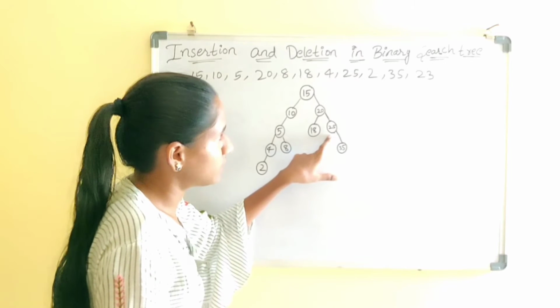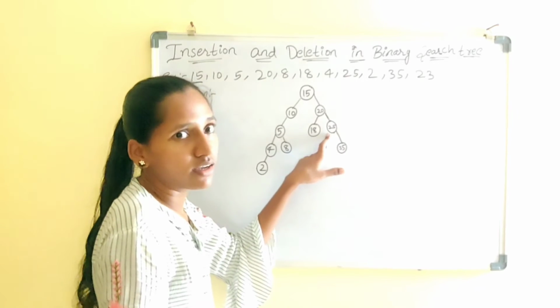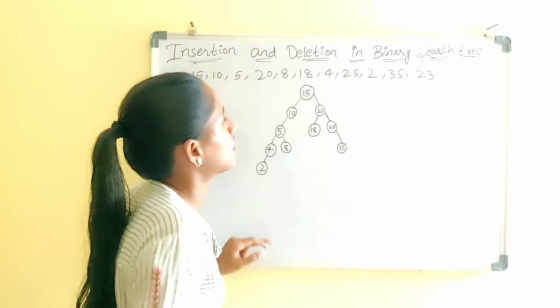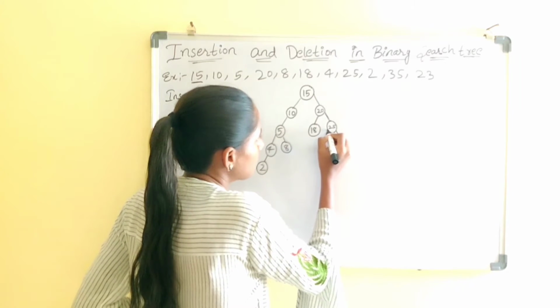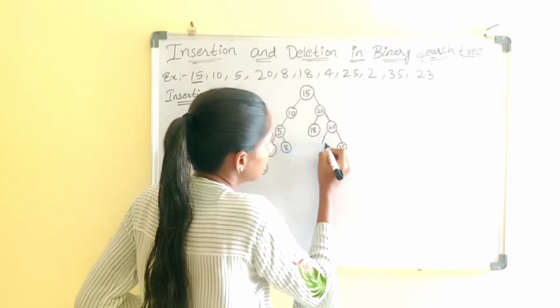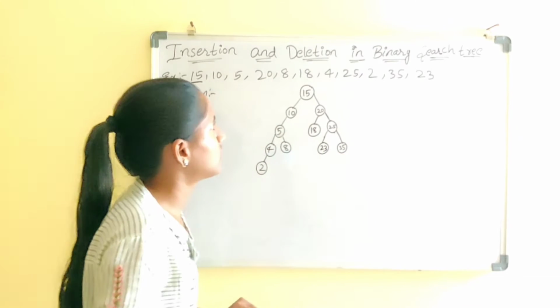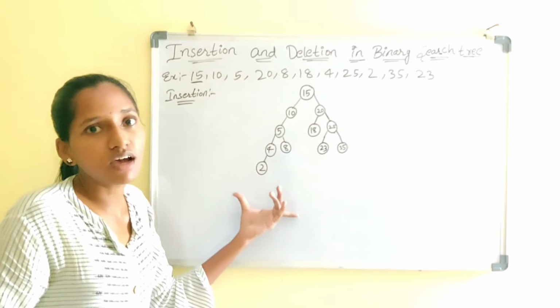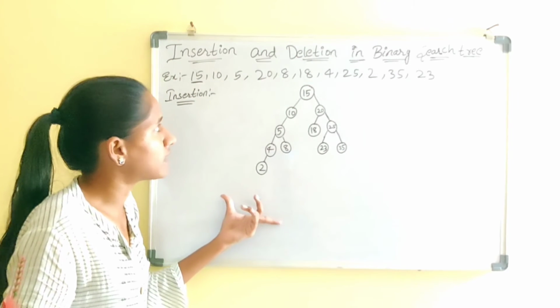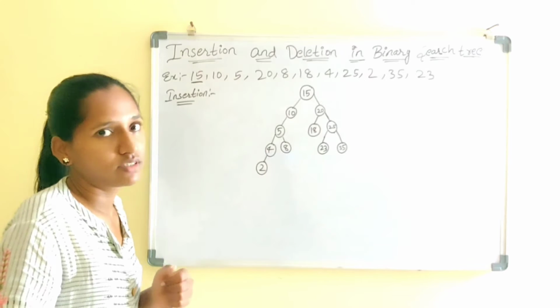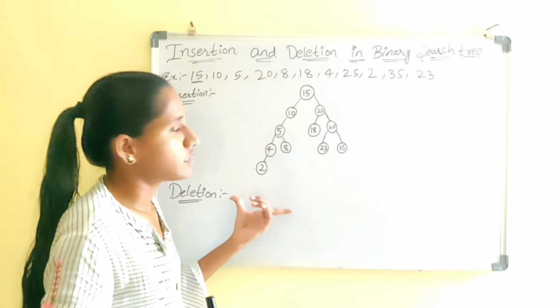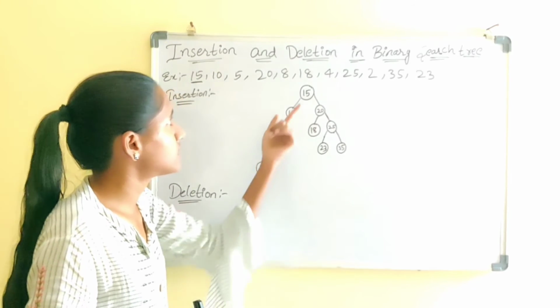Here it is 25. 25 is greater and 23 is less. So we have to write it as the left side of the 25 node. Here it is 23, and this is the insertion in binary search tree. Insertion is finished. Next, deletion.